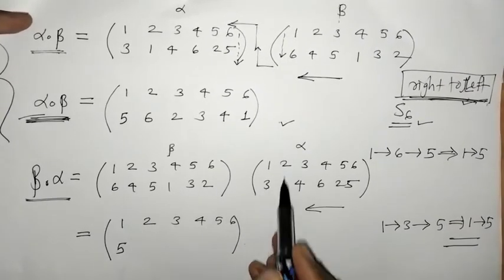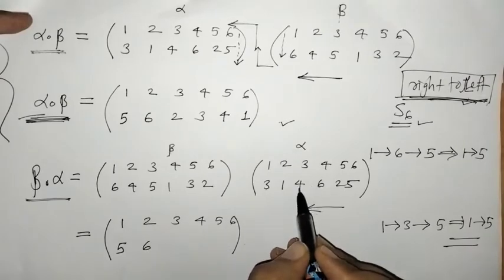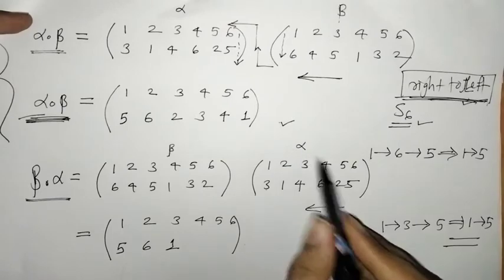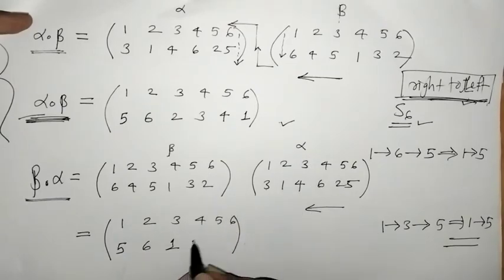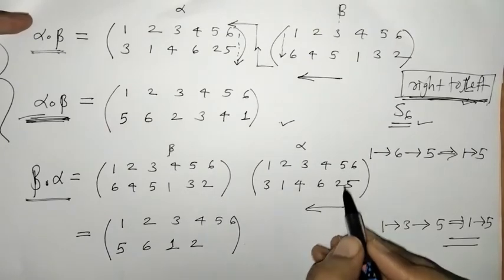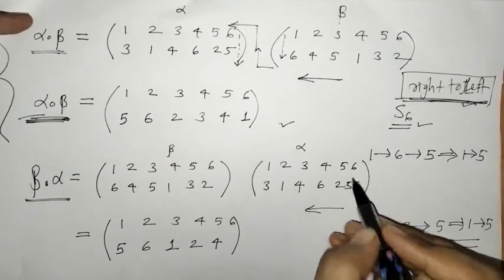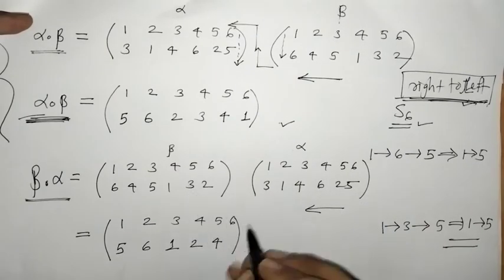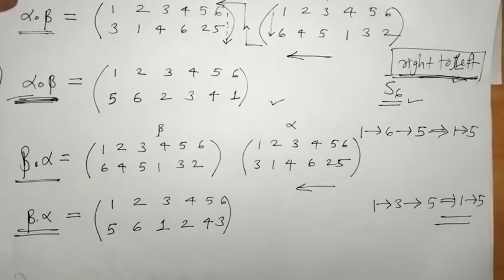Similarly, 2 maps to 1, 1 maps to 6, 3 maps to 4, 4 maps to 1. In alpha 4 maps to 6, 6 maps to 2, 5 maps to 2, 2 maps to 4, 6 maps to 5 and 5 maps to 3. So here we have found the composition beta alpha.